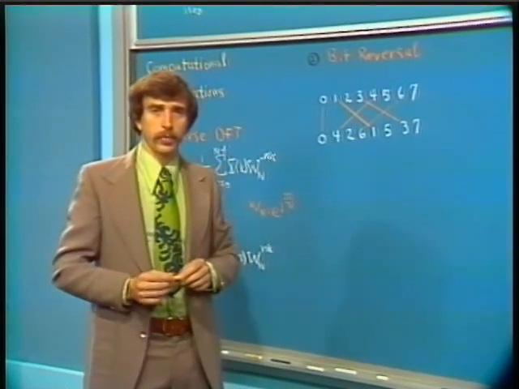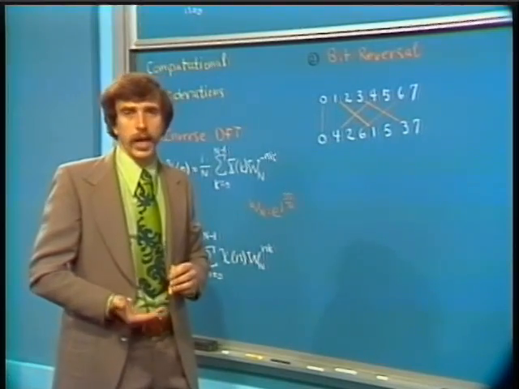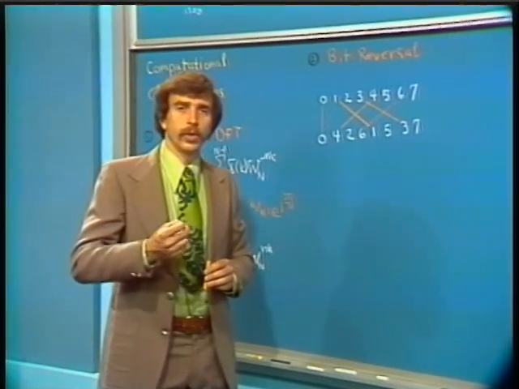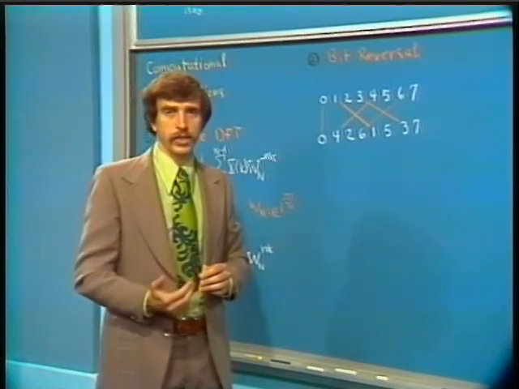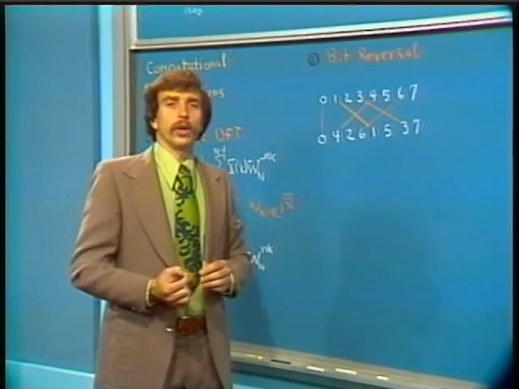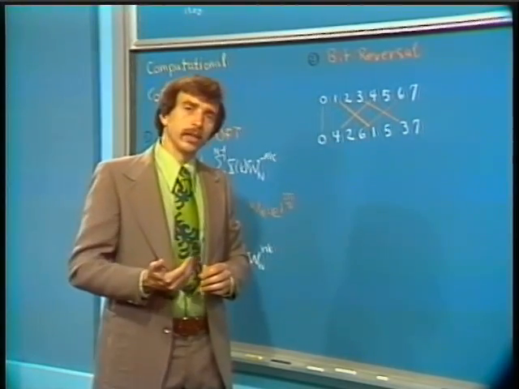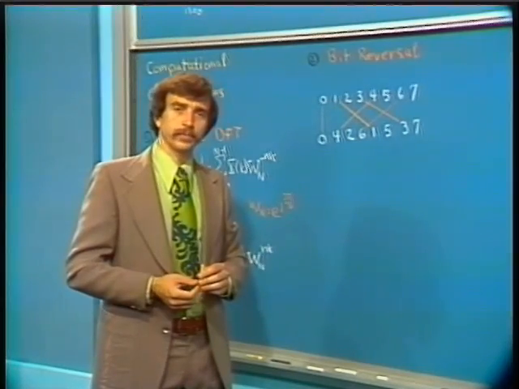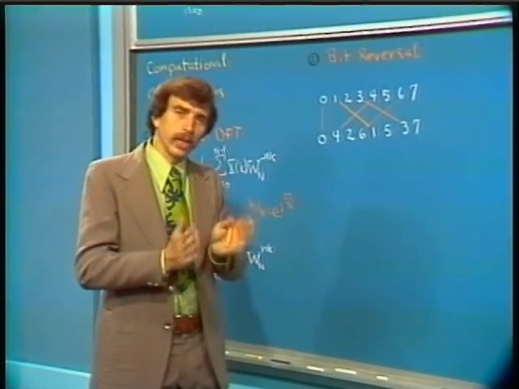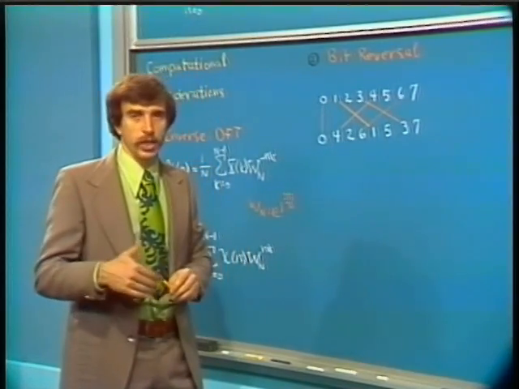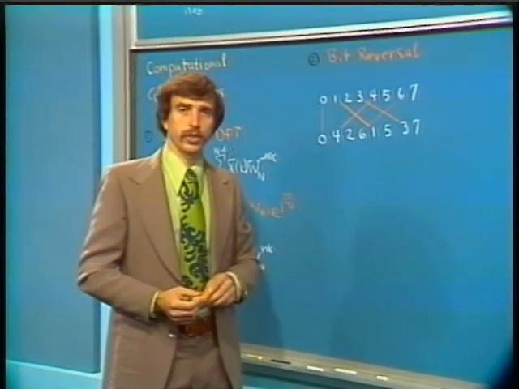This has implications as you think of either storing a table of coefficients and accessing them, or generating the coefficients recursively. The fact that the powers of W are related from stage to stage suggests some fairly efficient procedures for doing this.